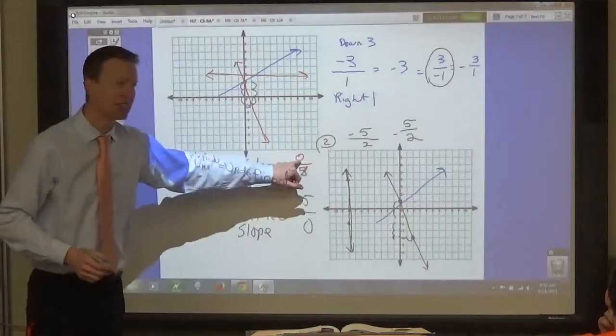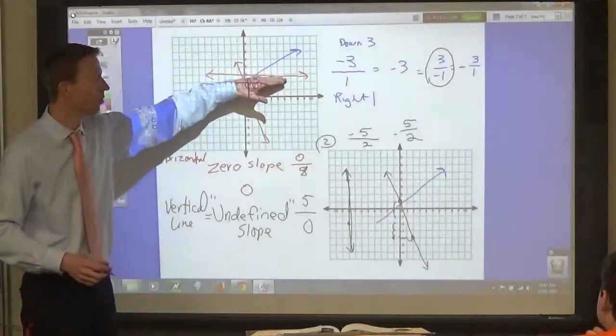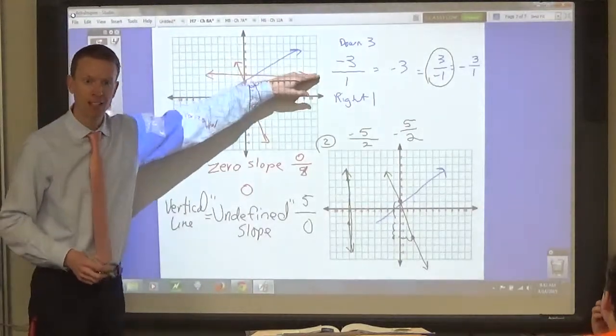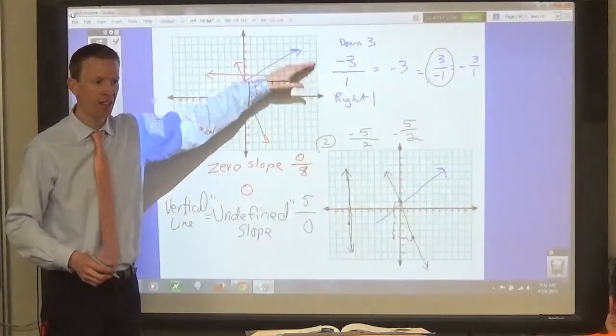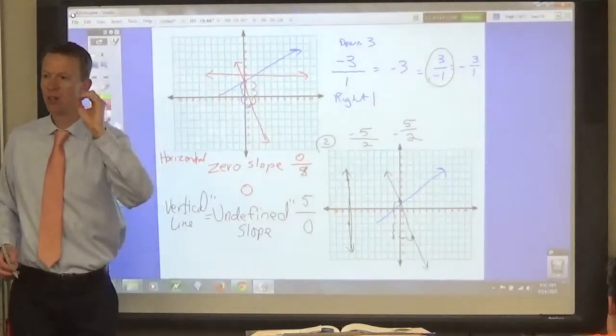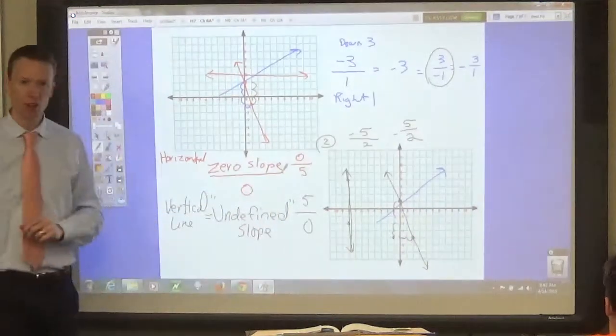But the 0 is in the numerator because it goes up or down 0. It stays flat. It's a horizontal line. It doesn't go up or down, does it? So the slope is 0.